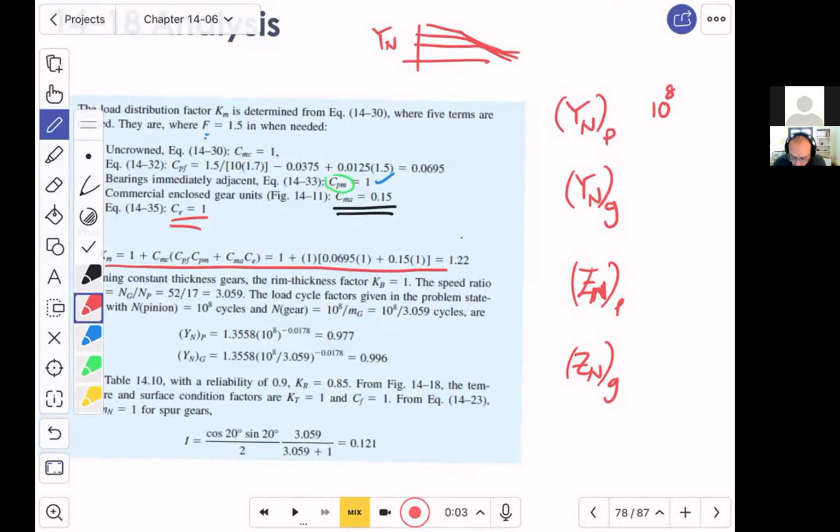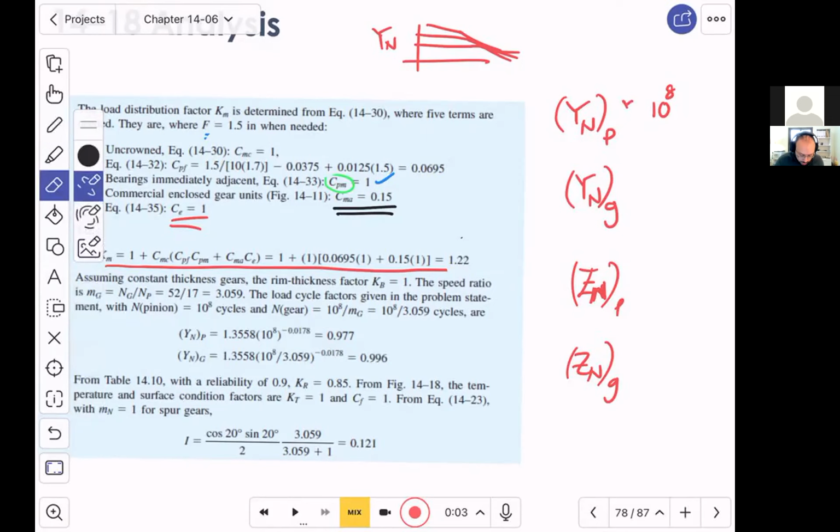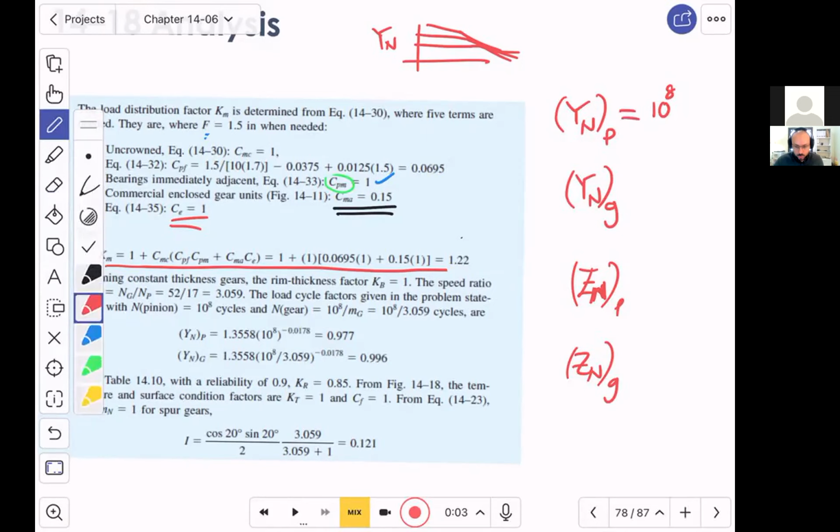That equation, Yn, is actually like this, which is equal to some constant A multiplied by n to the power of a constant B, where A is 1.3558 and B is minus 0.0178. By the way, I just made up A and B. They are not in the book, just to explain things easier.